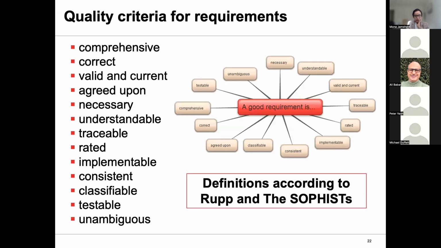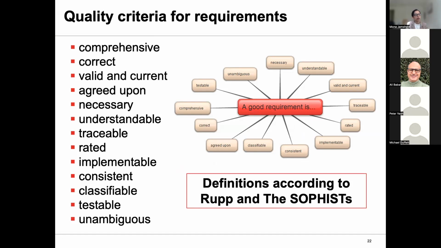It says here on this that these definitions or this criteria has been developed by Chris Rupp and Sopis. Chris Rupp is a software developer and he runs a consulting company. And in your course, this criteria was taken from there.